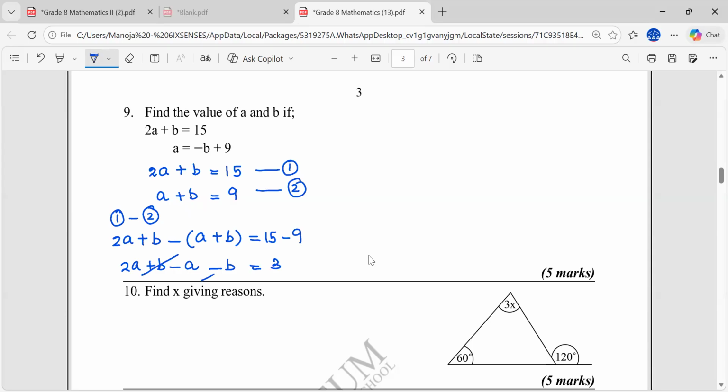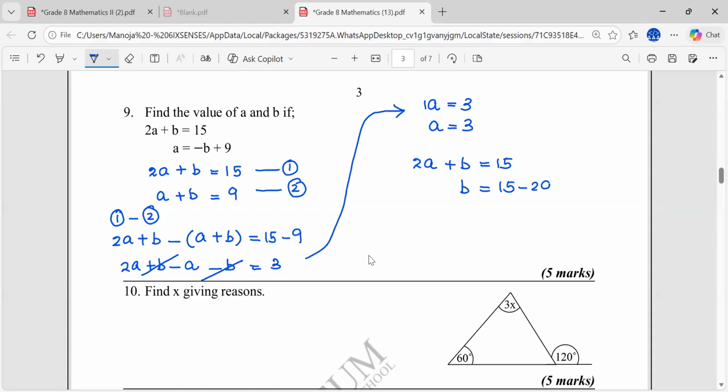Plus B minus B you can deduct. 2A minus A, then I will bring here and write the answer. It is 1A equal to 3 and A is equal to 3. Then they have given 2A plus B equal to 15 and B is equal to 15 minus 2A.